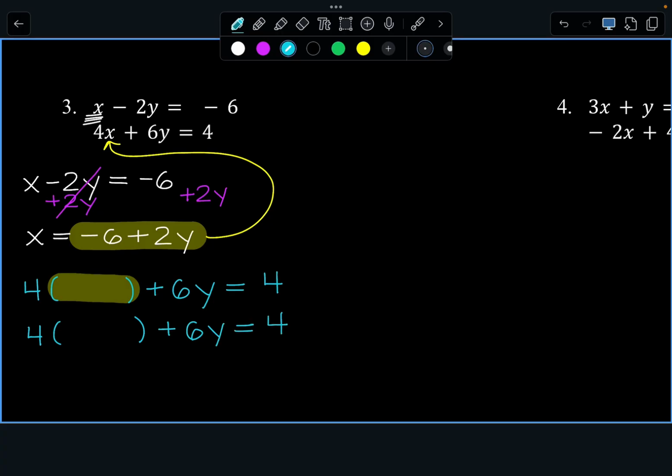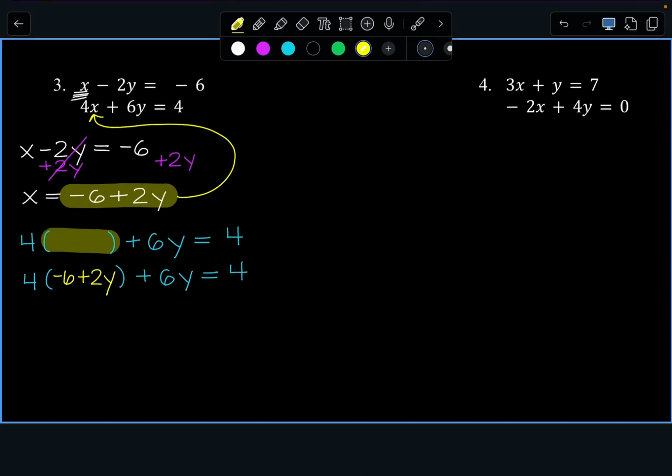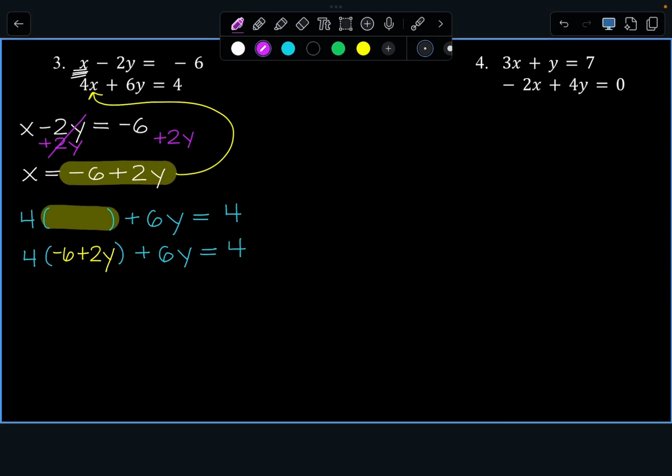So here, I'm putting negative 6 plus 2y in that spot. Distribute, which means multiply. Negative 24 plus 8y plus 6y equals 4.